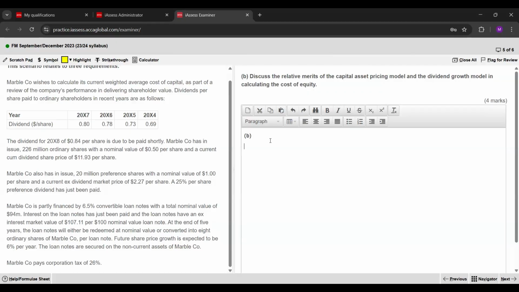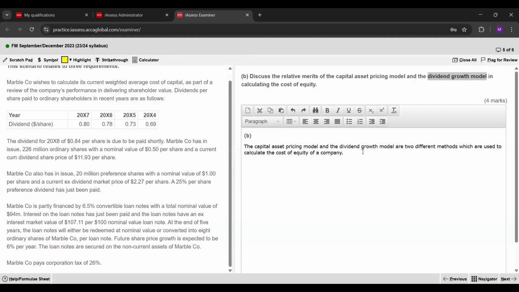Okay, let's just say: two different methods which are used to calculate the cost of equity for a company.